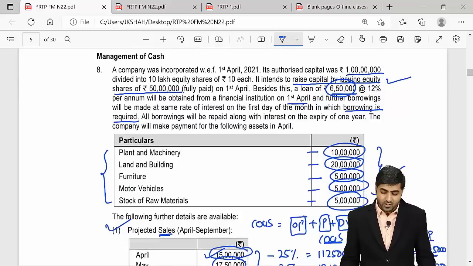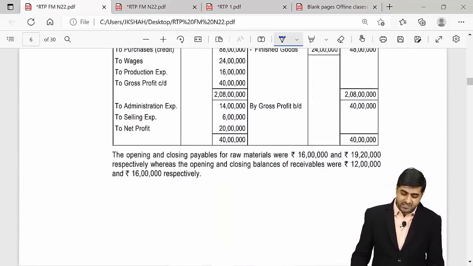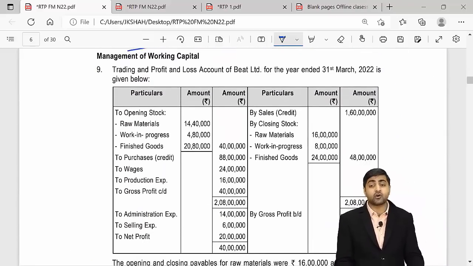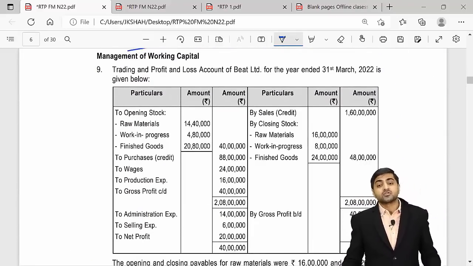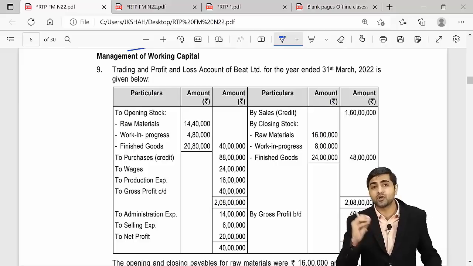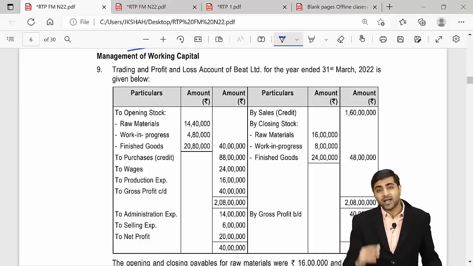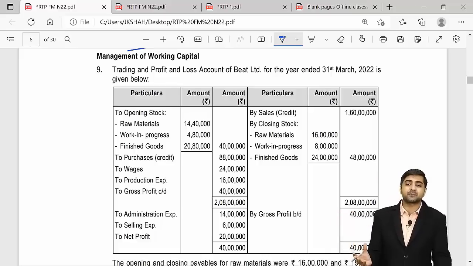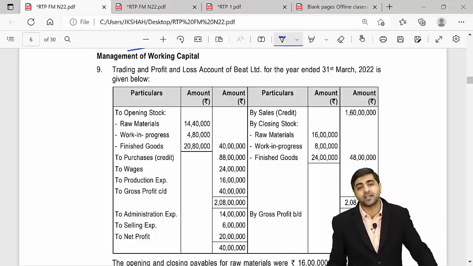and everything. Okay students, now let us start with the next question, and that is your management of working capital. So guys, in this particular question, first we have to calculate what is going to be your operating cycle duration, and use that operating cycle duration concept to calculate your estimation of working capital.